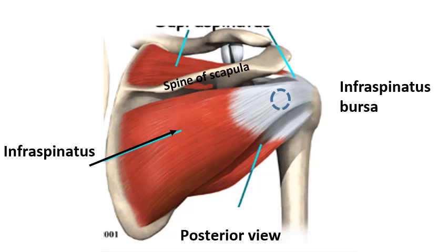This bursa is called the infraspinatus bursa. So there are two bursae: one anteriorly between the subscapularis muscle tendon and the fibrous capsule, the subscapular bursa, and another between the tendon of the infraspinatus muscle and the fibrous capsule posteriorly, called the infraspinatus bursa.